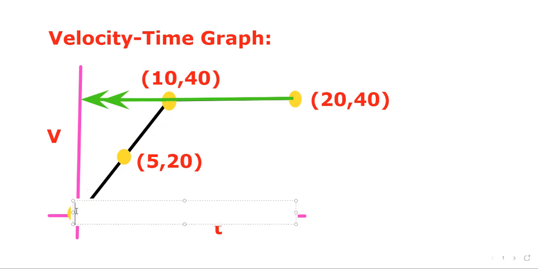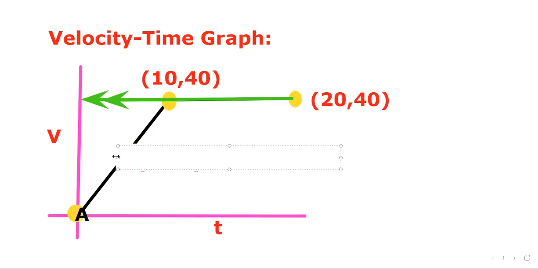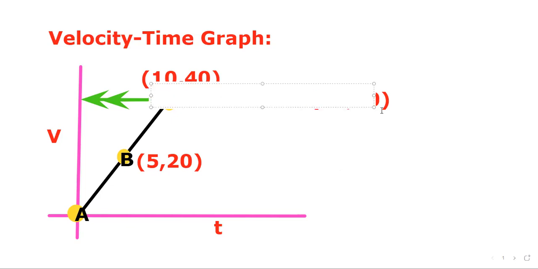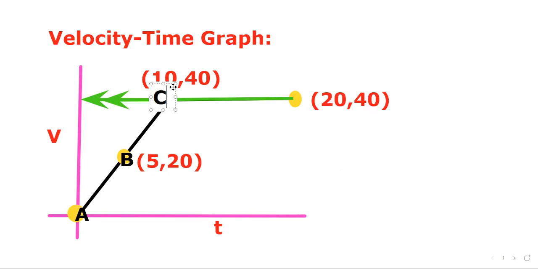Suppose this point is A. Suppose this point is B. Assume that this point is C. Assuming that this point is D. So what is our conclusion?